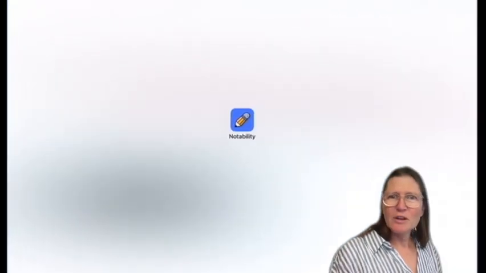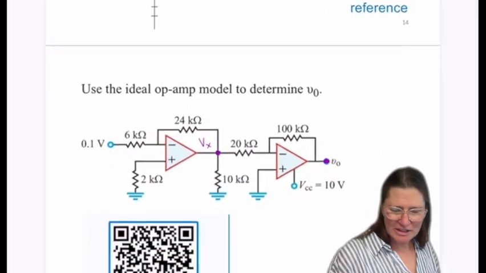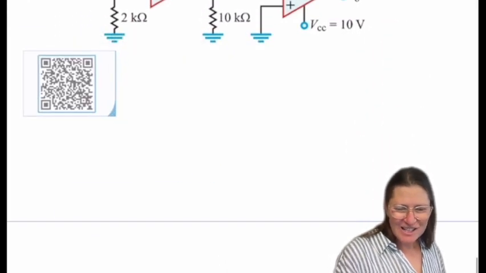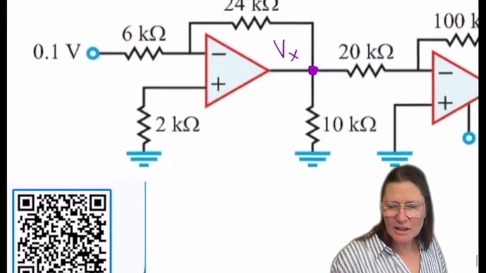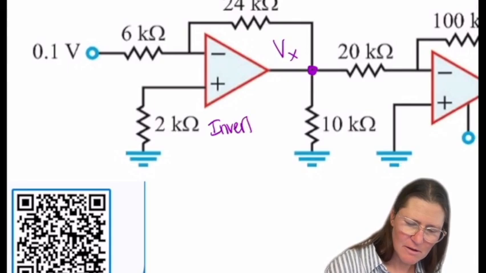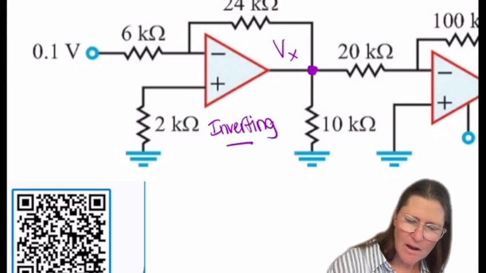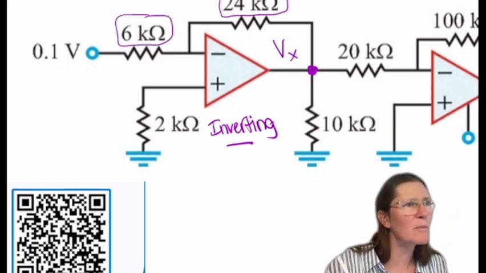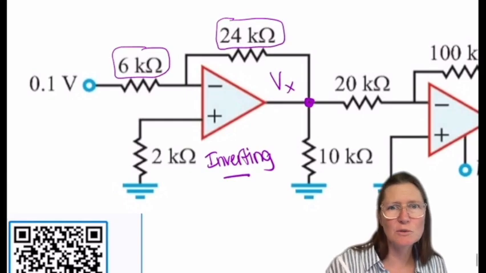So those all look like they agreed, except I think there was a sign error on one of them. So the first one is inverting. You identify the key resistors to determine how much it's inverting, which are going to be these two.